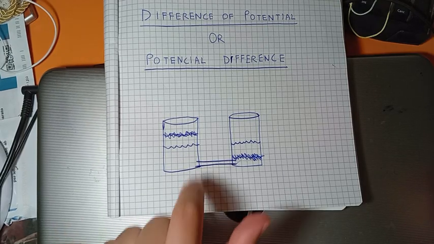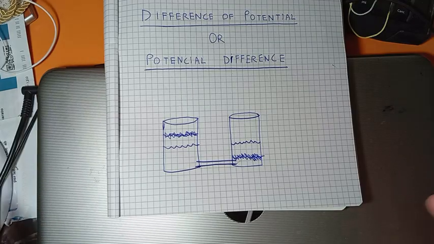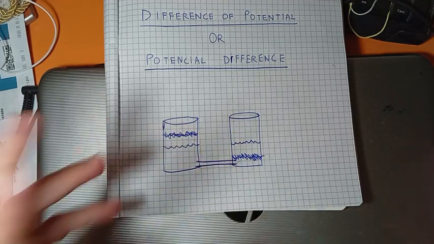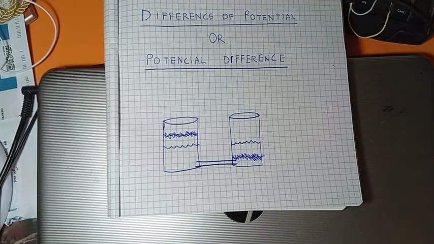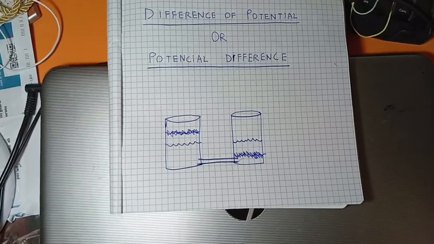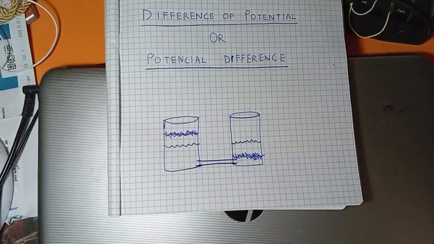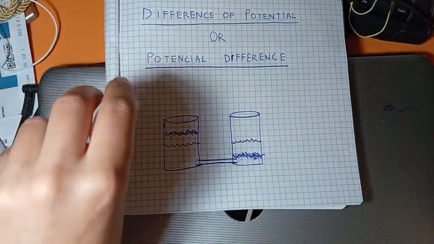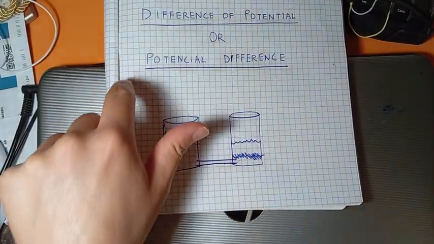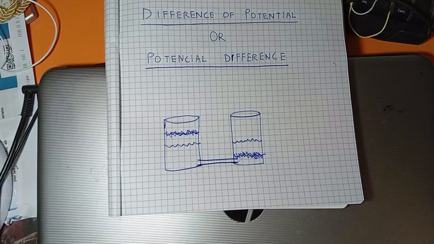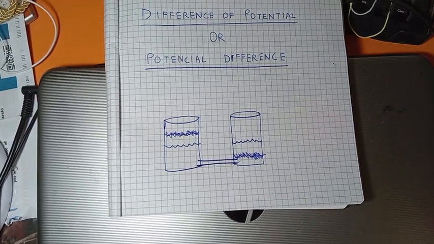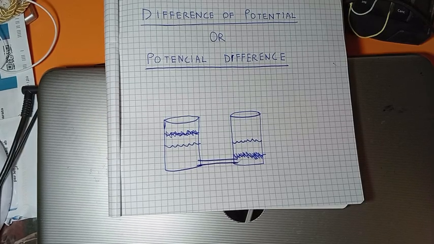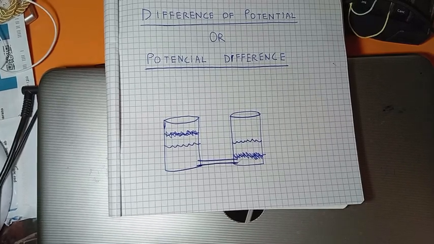Very simple to understand. And that's the same thing that happens with charge. With charge, basically we have this same thing. Probably you remember when you step out from your car and maybe you touch your car and there is a little spark of electricity. Well, in that moment, what really happens is that you had a difference of potential between you and your car.